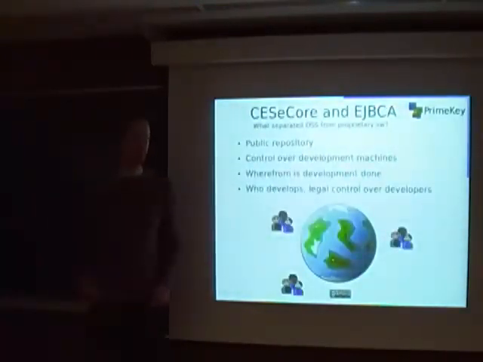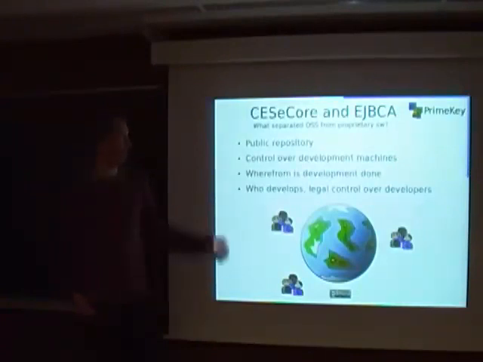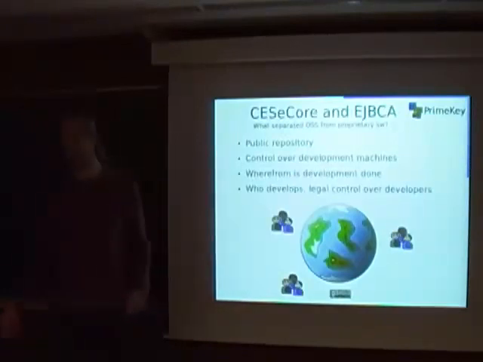What is different in open source compared to proprietary software? Well, one thing is that we have a public code repository. In proprietary software, companies usually have strict control over development machines. They know where all developers are and who develops. They have some legal control over developers because they are employed by the company.